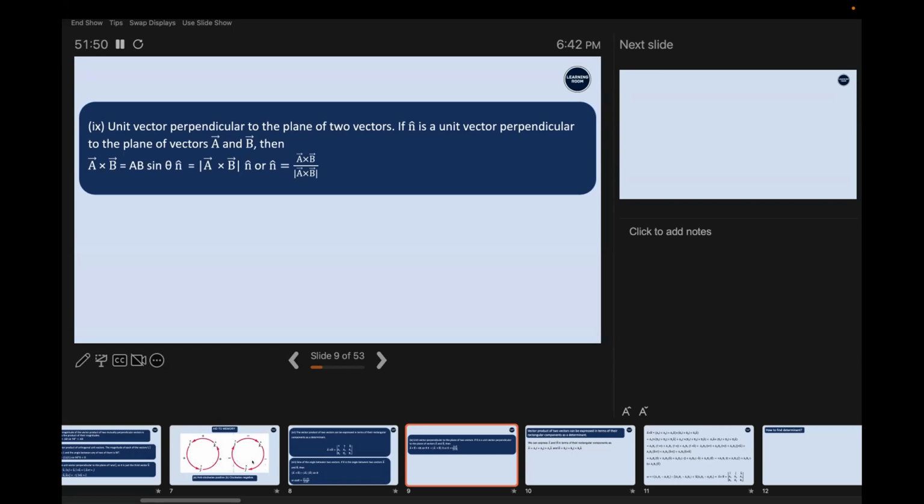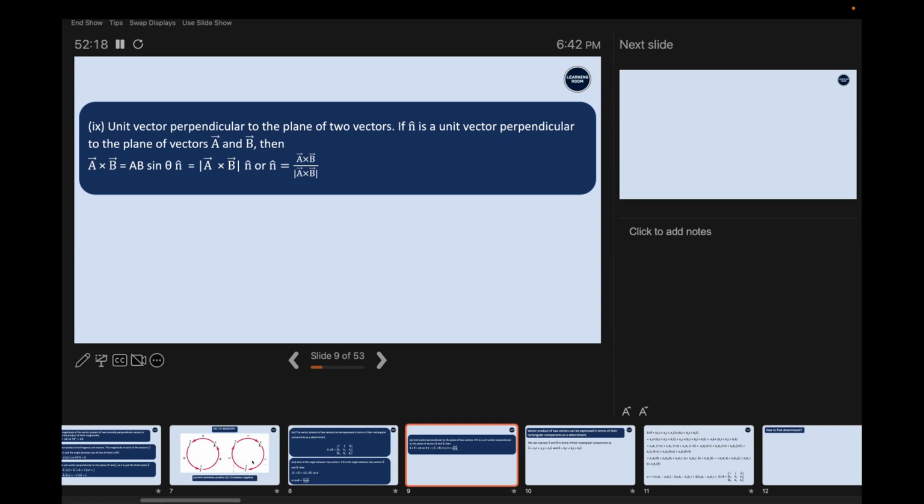So what is C cap? If there is a vector A, how will you find the unit vector of itself? I already gave you the definition. Go to unit vectors and tell me. A vector by magnitude of A vector. Meaning, if A cross B is, let's call it C vector, and I want C cap, what should I do?